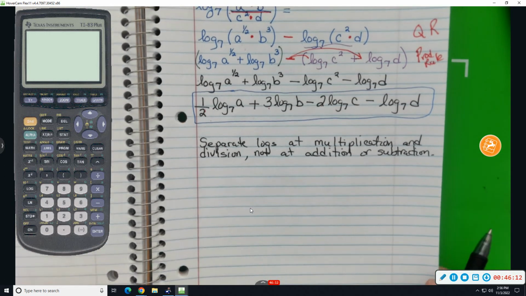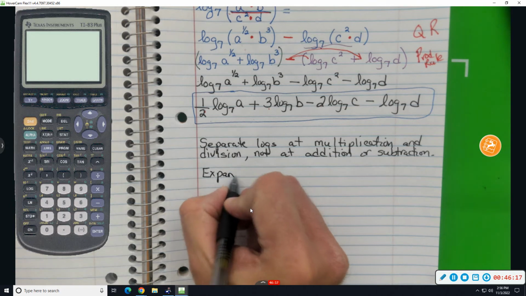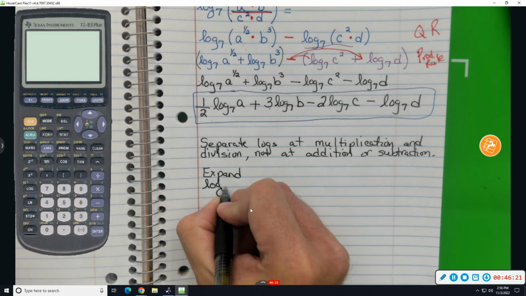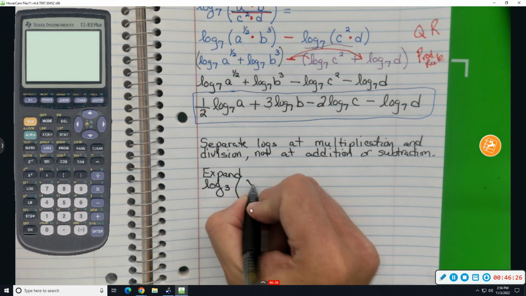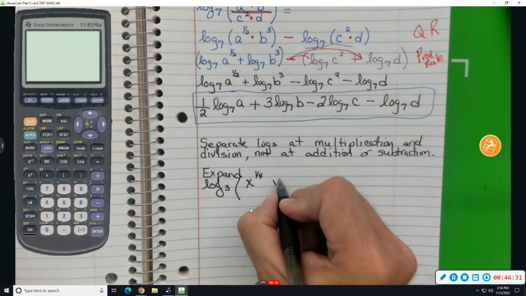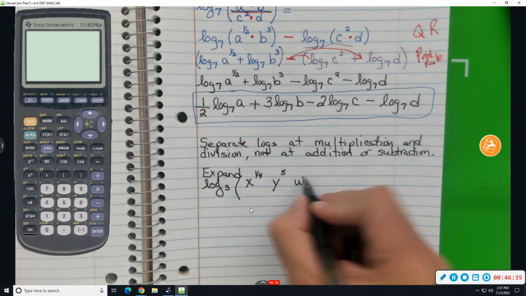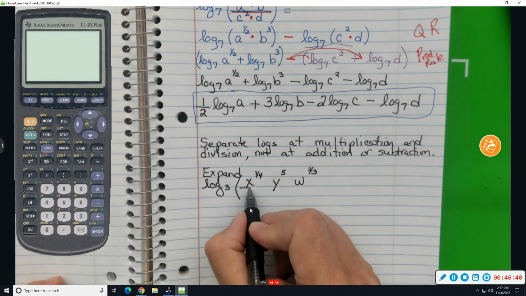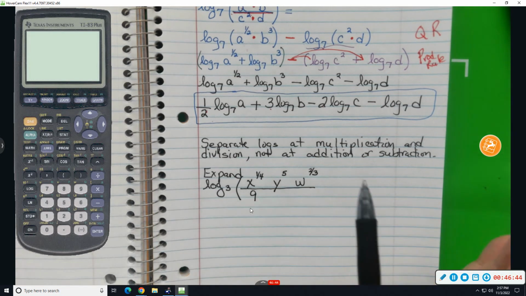And let's make this a real doozy. Expand log base 3 of x to the 1/4, y to the 5th, w to the 2/3 over 9, just the number 9.